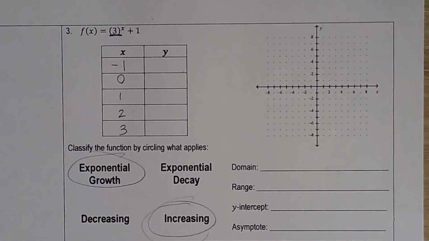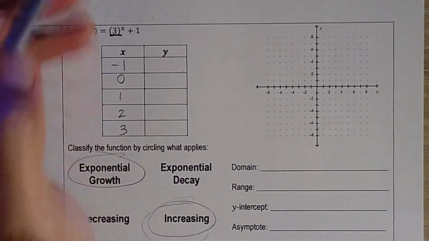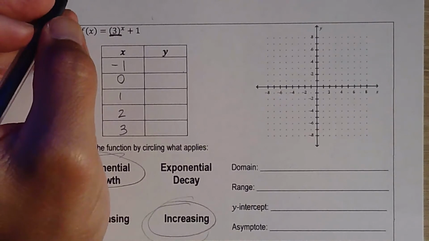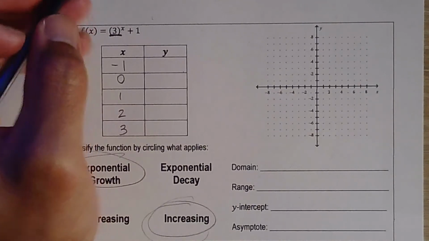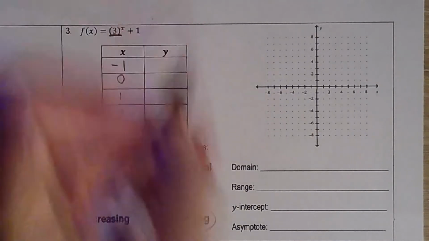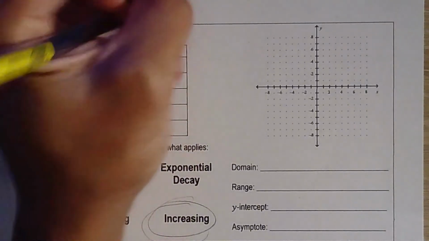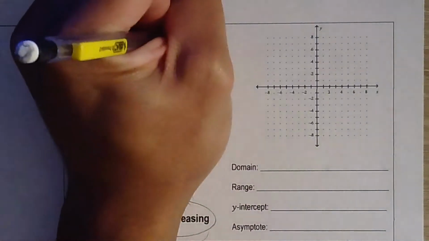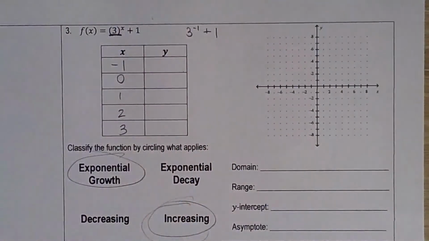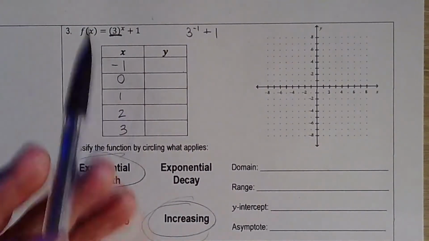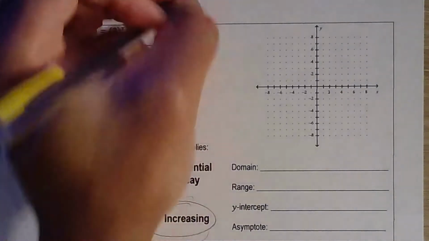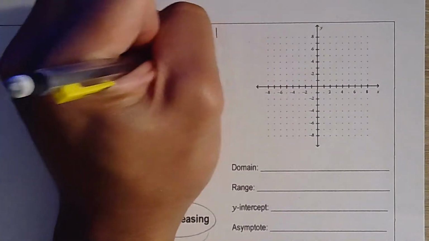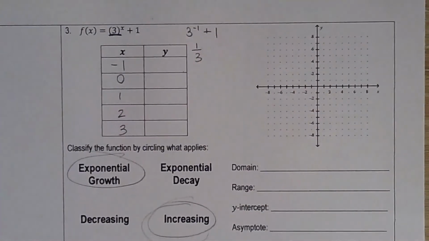All right, so if I plug in -1 for x, that'll be 3 to the negative first power, and then I have to add 1. Let's try to do this on the side. And you guys know that when we have something to the negative exponent, we bring it down to the denominator.